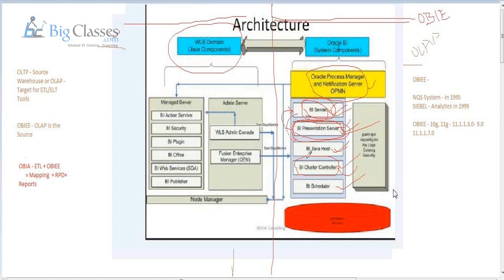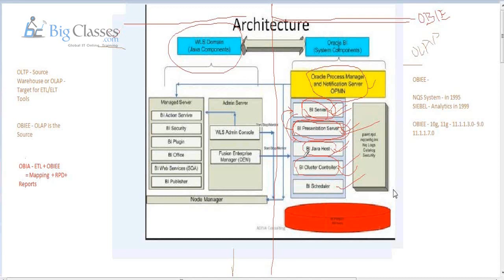In that report we have created graphical views, like pie chart, line, bar, and Pareto. There are different graphical views. If you want to display a graphical view, you have to go for the back-end engine, the Java host engine.